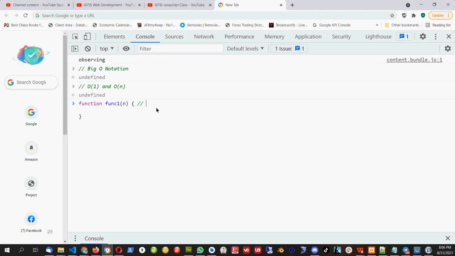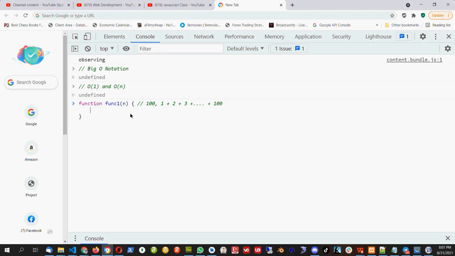So for example, if I pass 10, it will calculate 1 plus 2 plus 3 plus dot dot plus 10. So it will calculate from 1 to 10. If I pass 100, it will calculate 1 to 100. That is the job of this function.